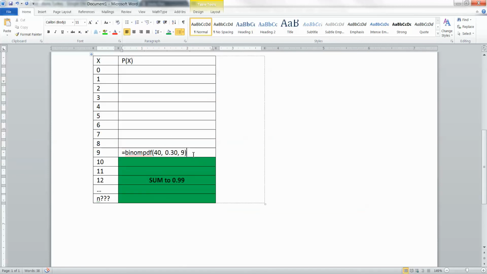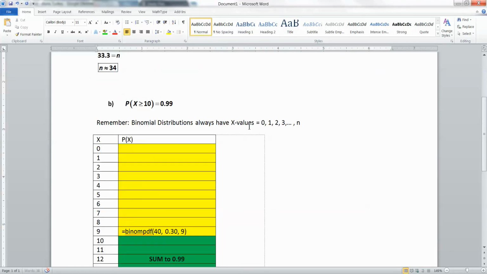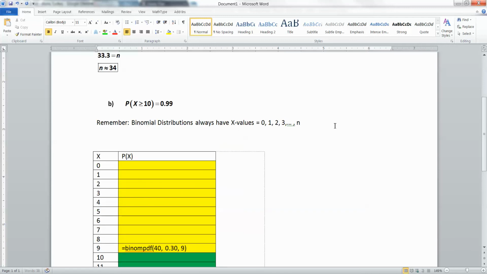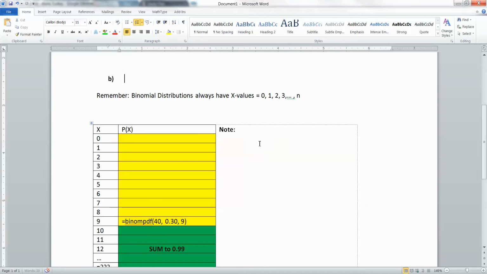But I don't really want an individual probability. What I want is all of these ones put together. I'll make them yellow. So I want these probabilities summed up. Let me write this down. Note, we want the probability that x is greater than or equal to 10.